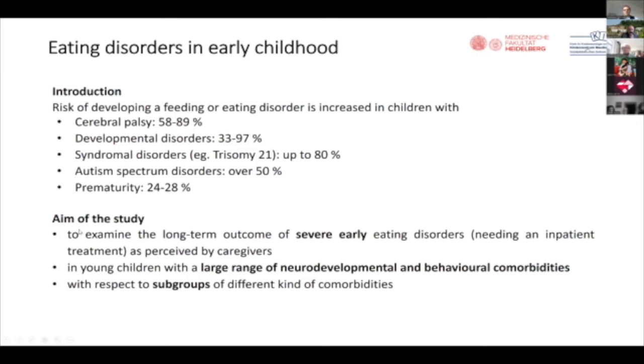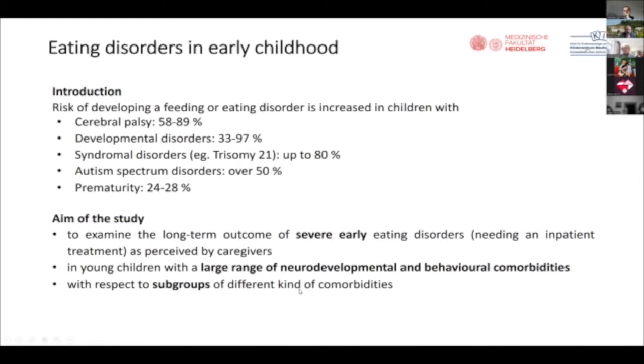Our aim was to examine the long-term outcome, as seen by the caregivers, with respect to severe early eating disorders. In a large spectrum of young children, we were able to divide into subgroups of different comorbidities, as this has not been done previously in other studies.